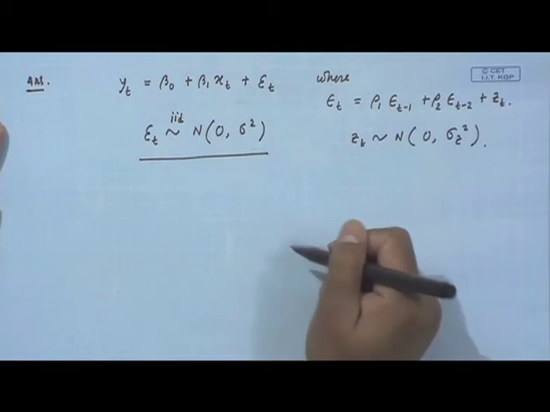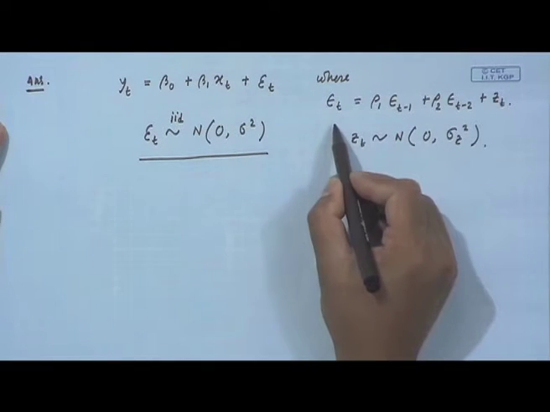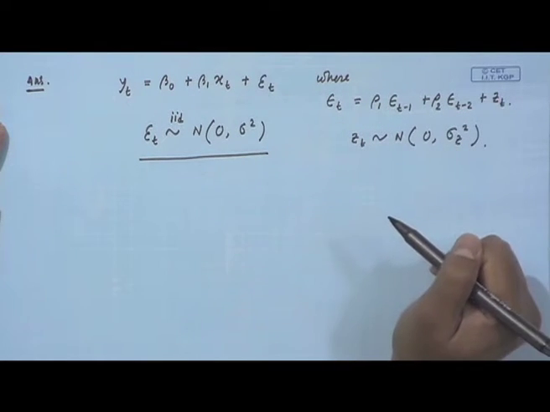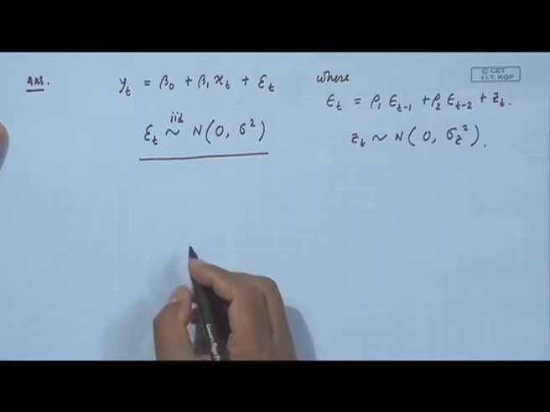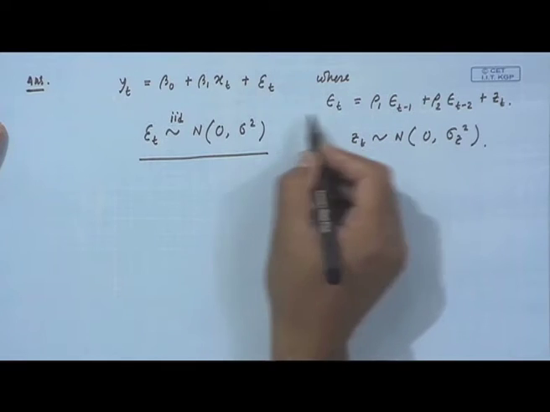But here it is given that the error terms are not independent, they are correlated and they follow the second order autoregressive process. Okay. So, in this situation, how to fit this model?